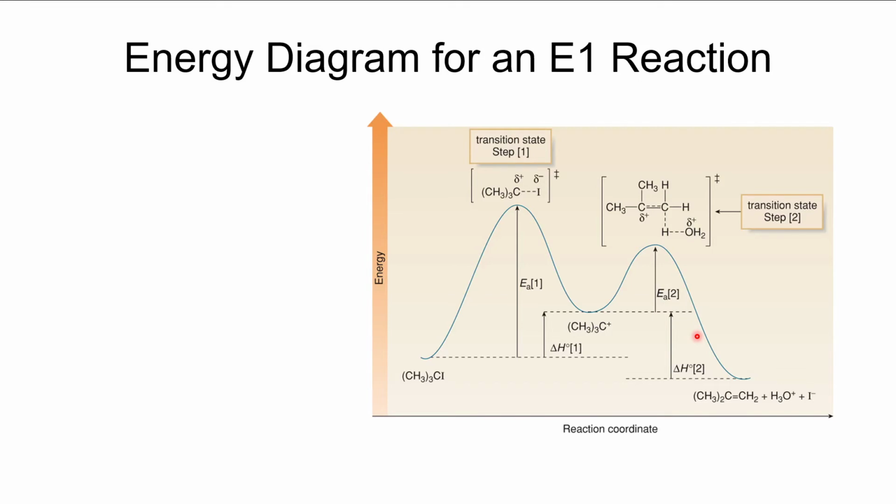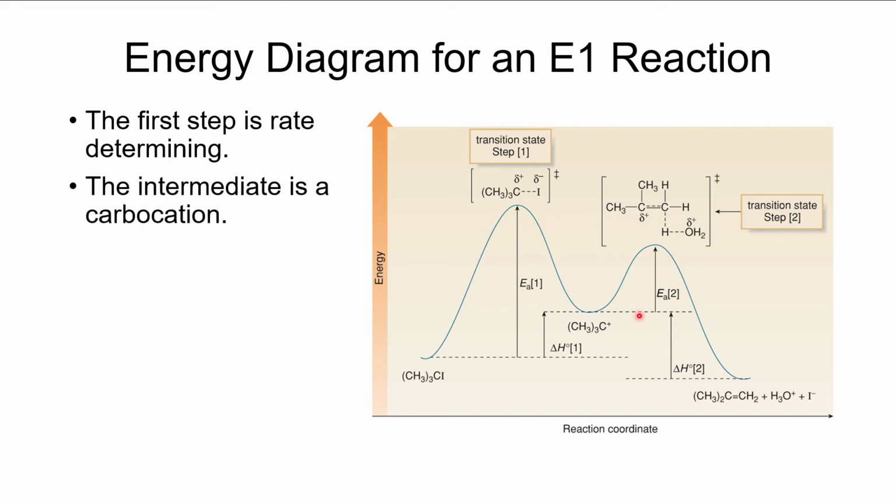So here is an energy diagram for an E1 reaction. Our first step is the rate determining step. All right, and that has this large activation energy. We have a carbocation intermediate, and so that carbocation intermediate will be formed.